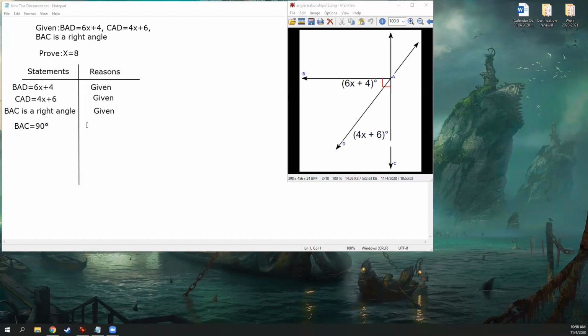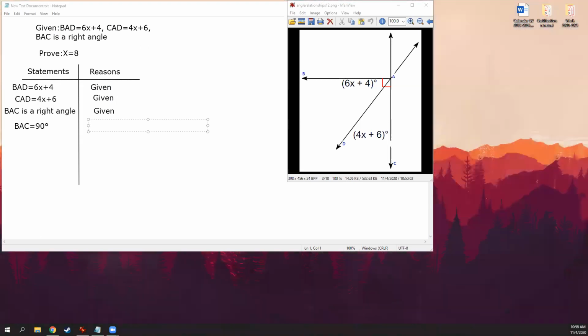But how do I know that information? Well, anytime, this is another little trick or hint to proofs, anytime you see a vocabulary word in the statements, like a right angle, or supplementary, complementary, you see a vocab word where there should be math, then one of the reasons is going to be definition of that vocabulary word, because you're going to use that vocabulary word to create the math.